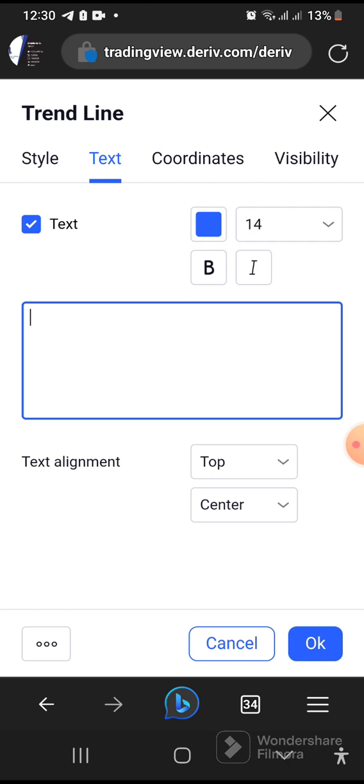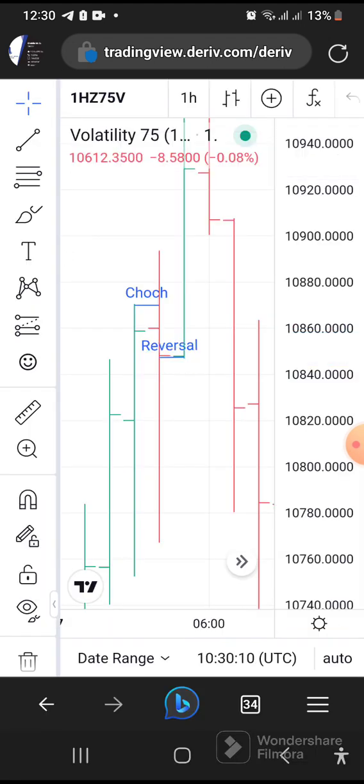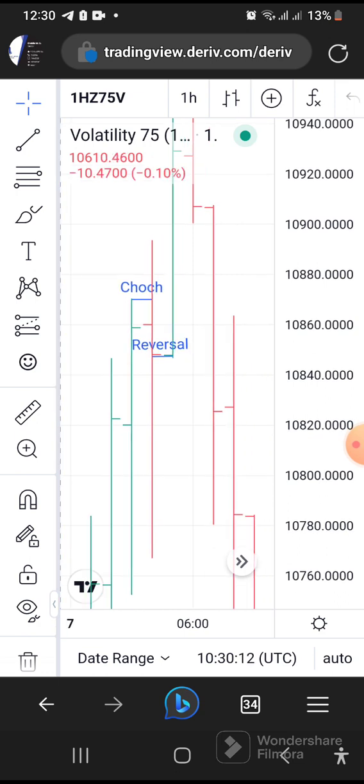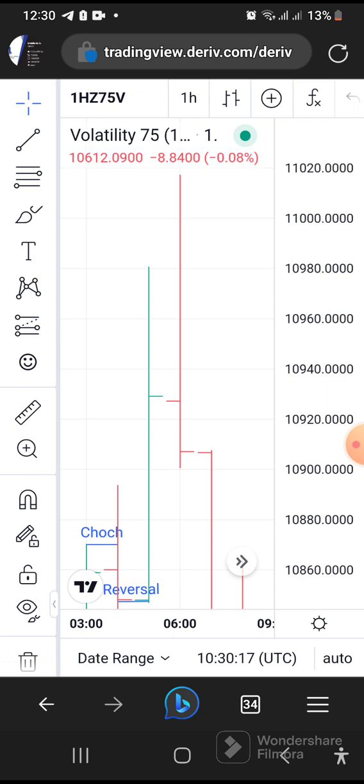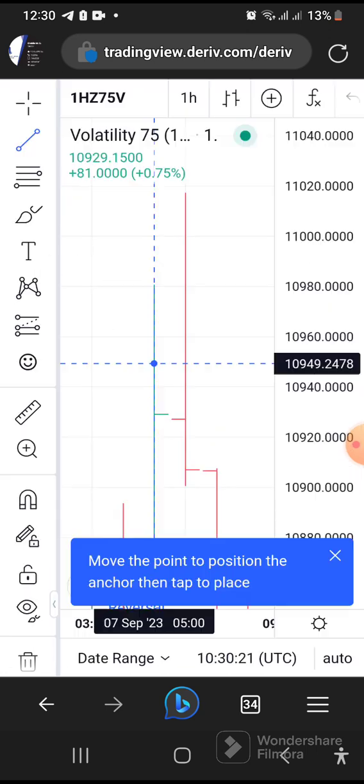Just keep in mind that marking out what happens in the market is very crucial when it comes to our day trading strategies, because it will help us have a competitive bias in the market.